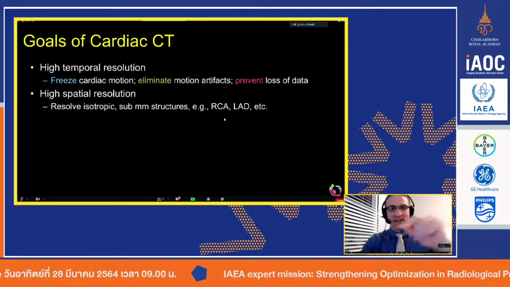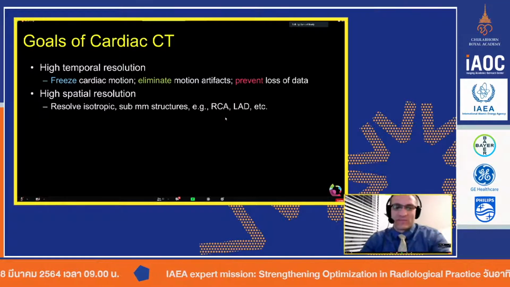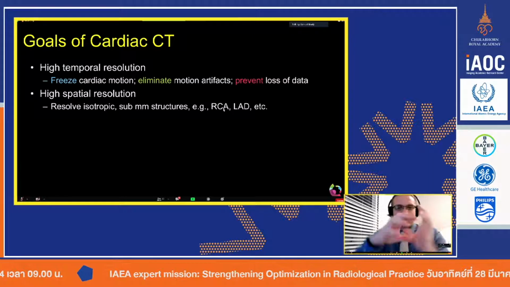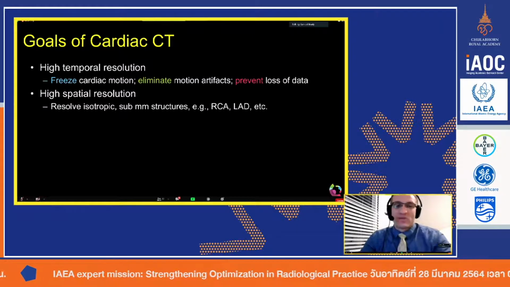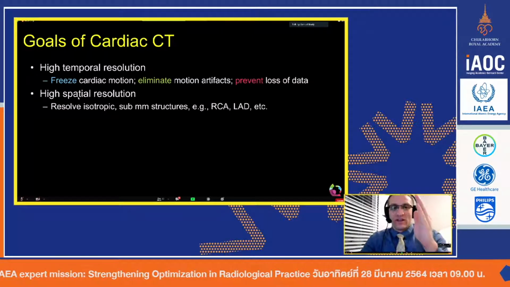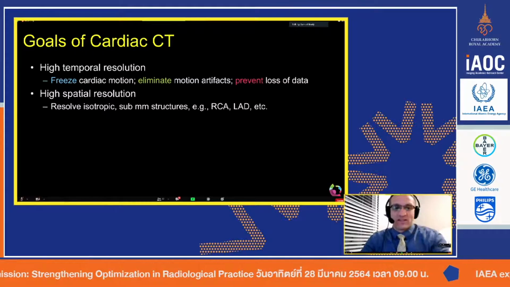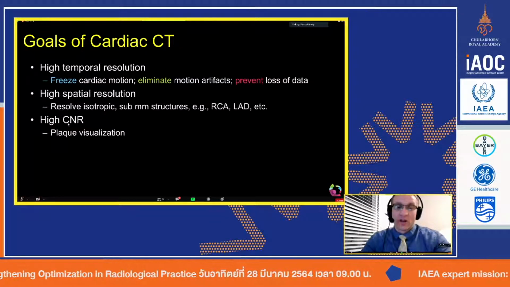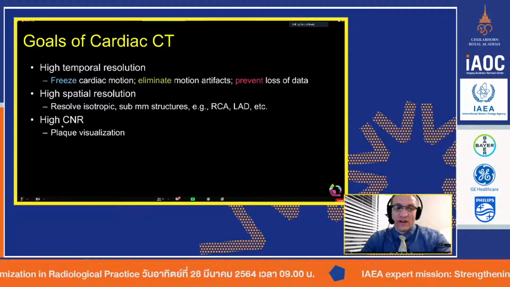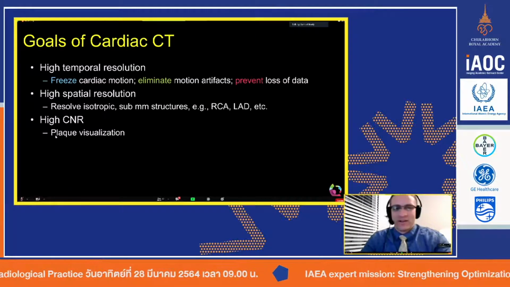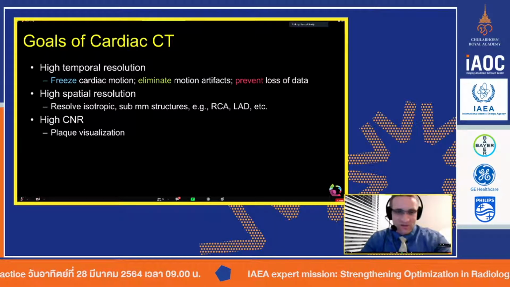They're all going in all different tortuous angles. And so we need high spatial resolution in all XYZ planes. We need good contrast to noise ratio. Obviously, if you're looking at plaques, that's high contrast, so you're okay.